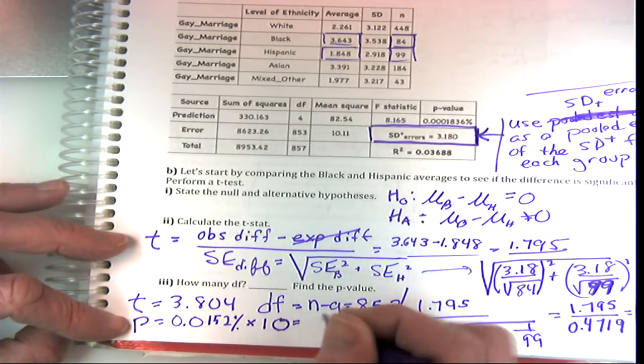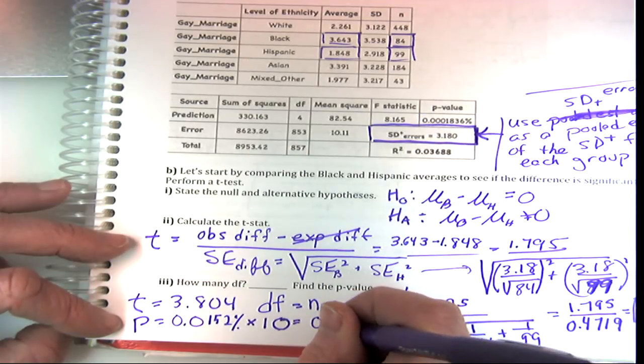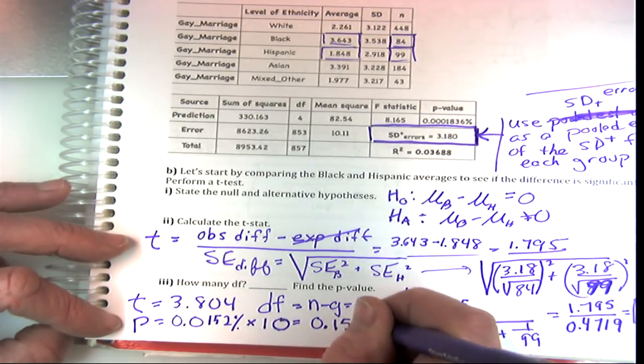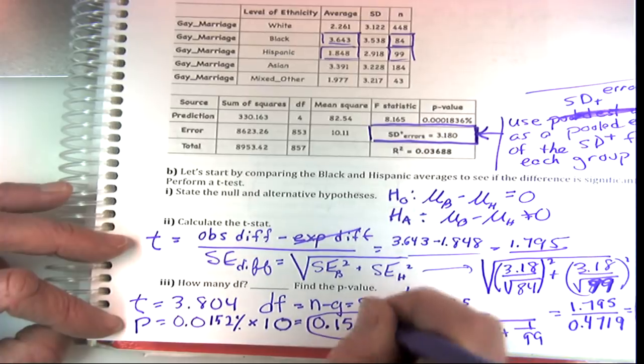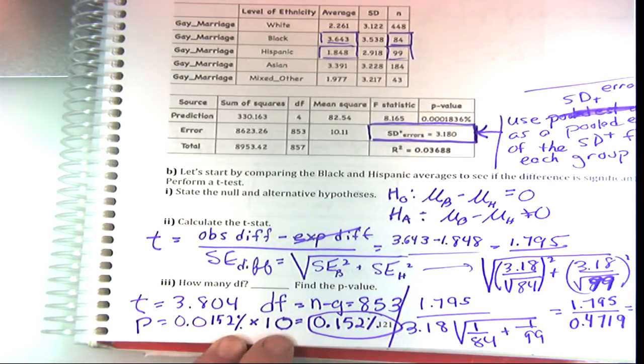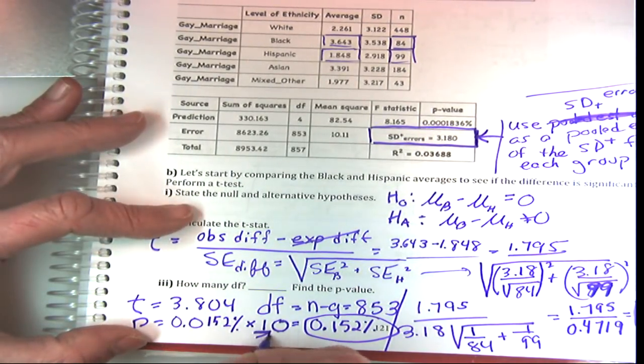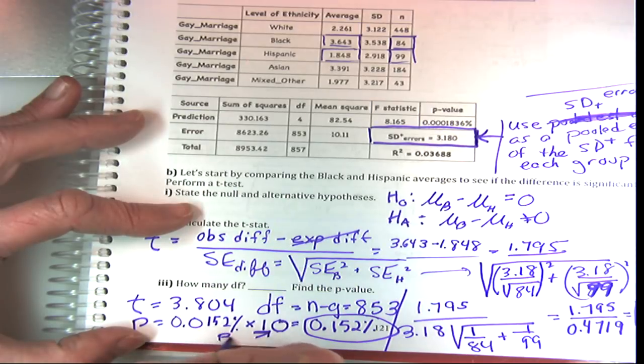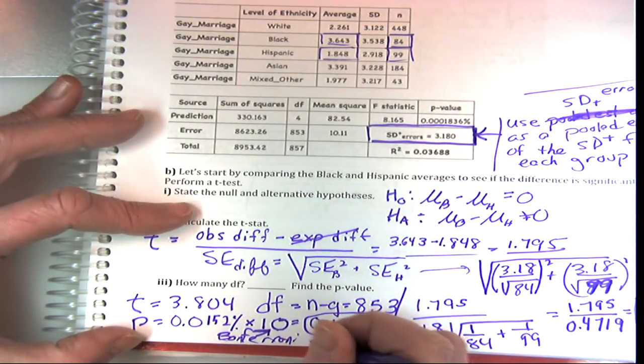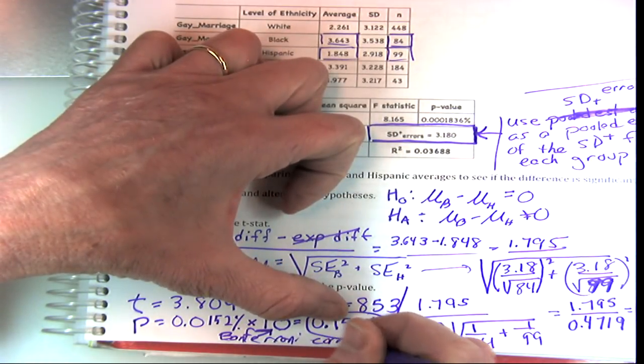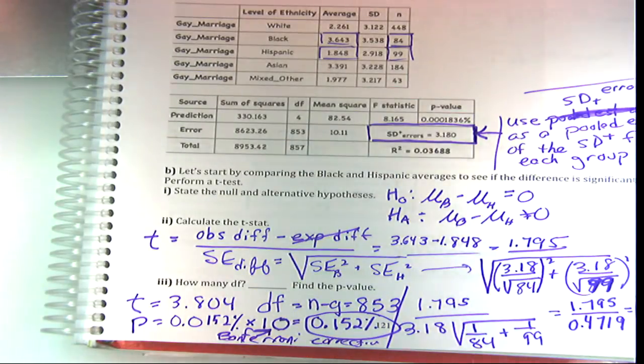And that will give me my p-value. I know that was a lot to process. This is called the Bonferroni corrected p-value. That's with the correction.